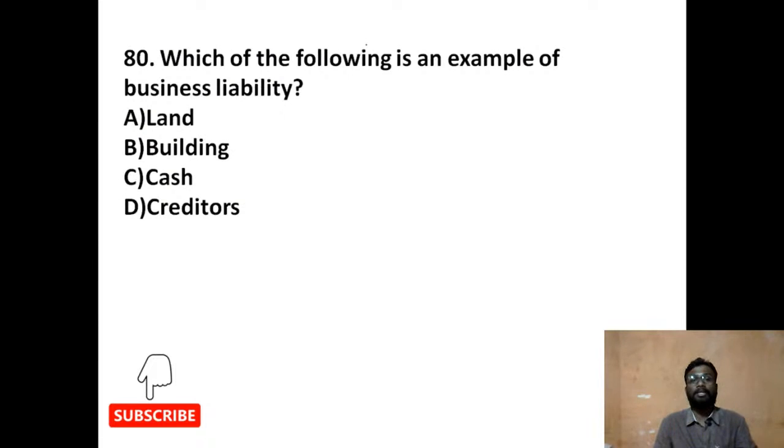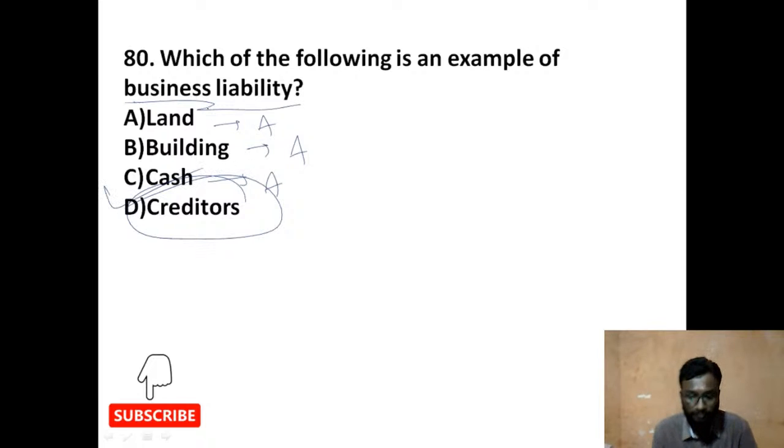Which of the following is an example of a business liability? Land is an asset, building is an asset, cash is an asset, whereas creditors is a liability. Yes, creditors.